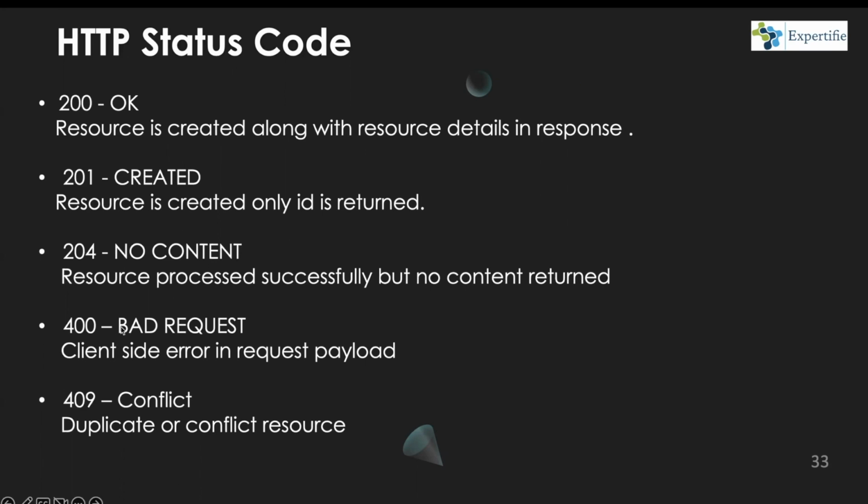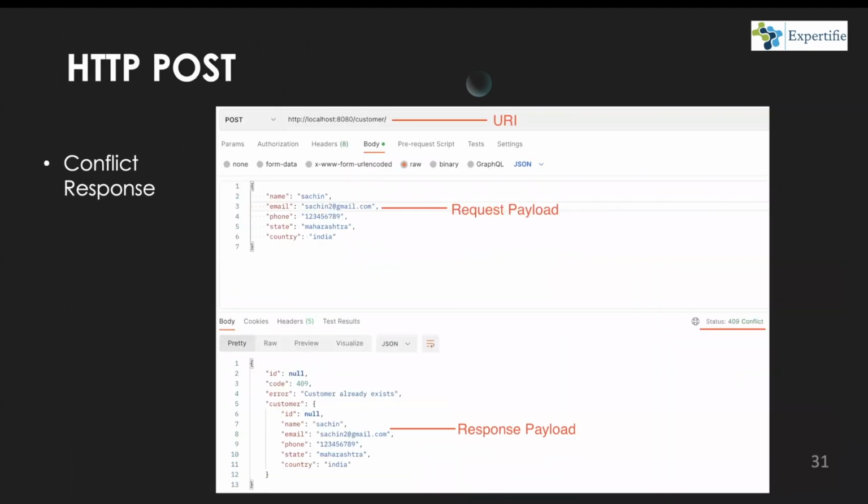And 400 bad request means there is some issue in the client's request payload, and 409 conflict means there is a duplicate or conflicting resource, like in this case we saw that the email ID already exists, so the server sent a 409 conflict response.